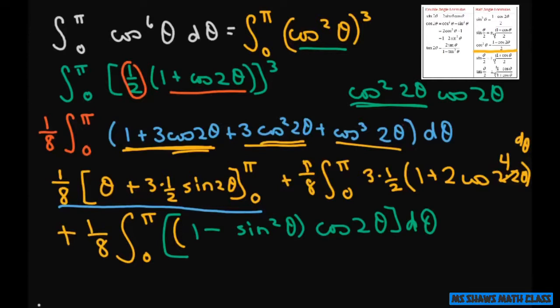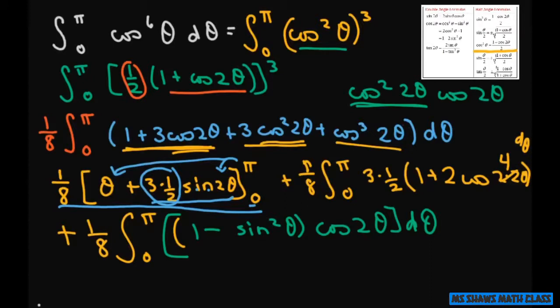So have this written down. So for this piece, this is just 3/2 here. Let's look at it before I move on. If you plug in pi to this portion, that's going to be 0. You plug in pi here, that's going to be 1/8 pi. Of course, when you plug in 0, that's just going to be 0.